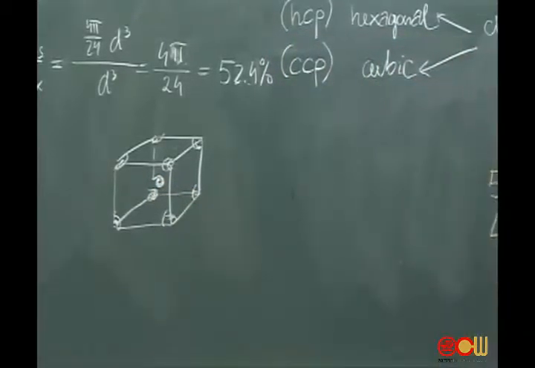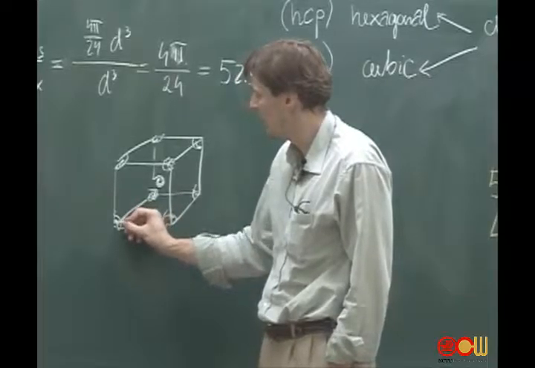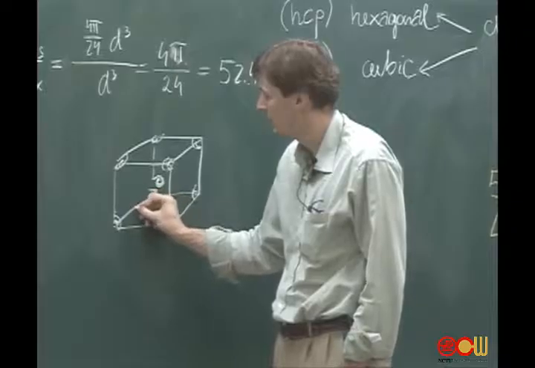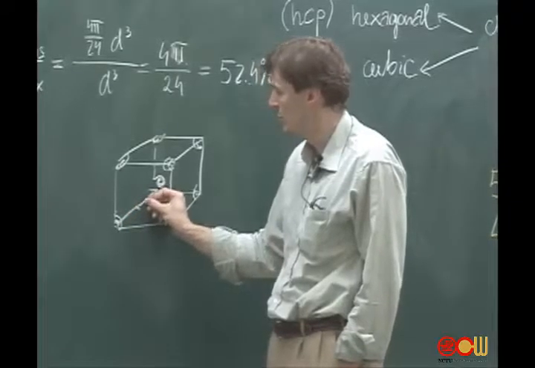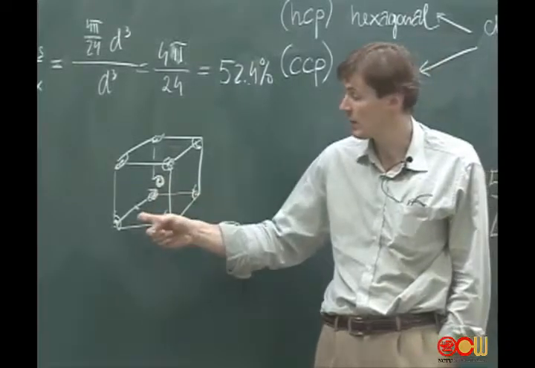Of course, we always assume that they go as far as possible. Now, if they would go up to here, in the middle, if these two would meet, there would be not enough space for this middle atom.